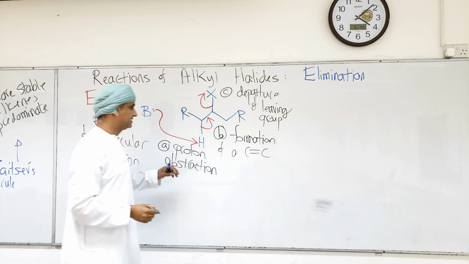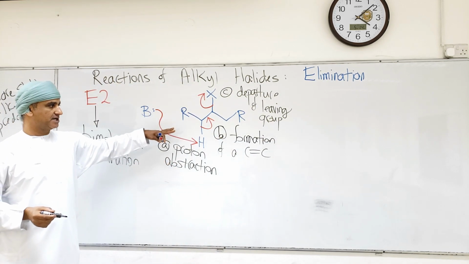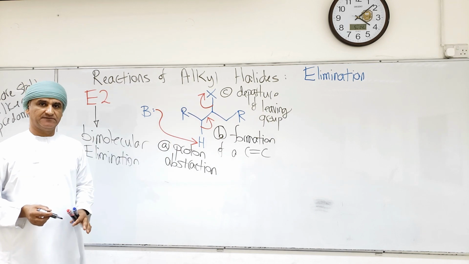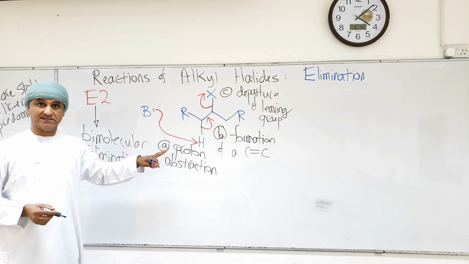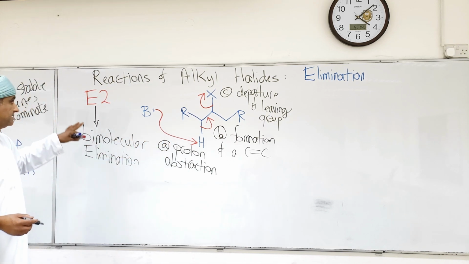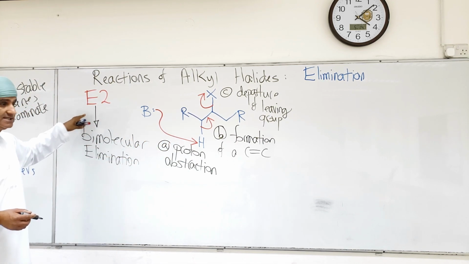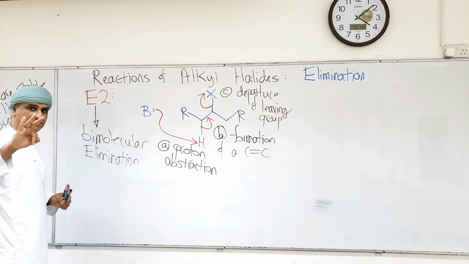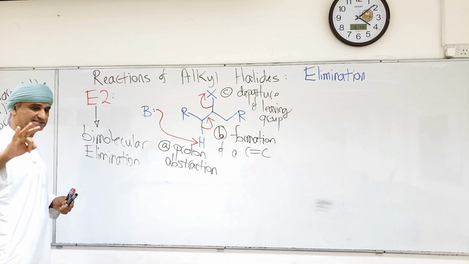So there are 3 events again: proton abstraction, formation of a carbon-carbon double bond, and departure of the leaving group. If the three events take place simultaneously, the elimination reaction is E2. So this is a one-step elimination, one step that consists of three events that take place at the same time.